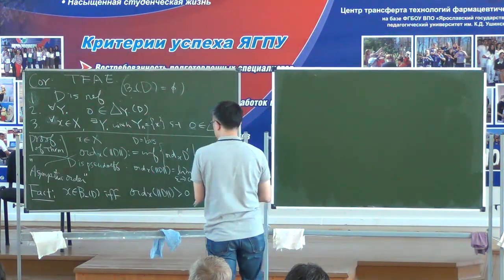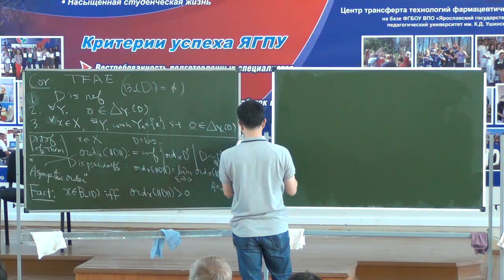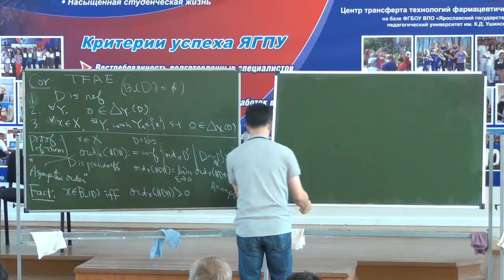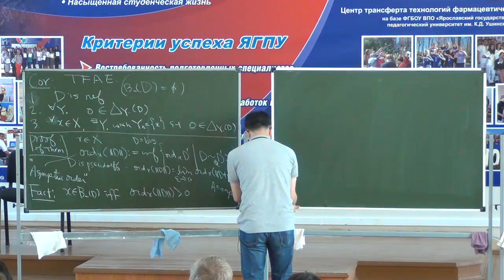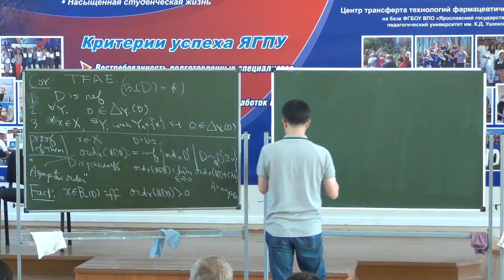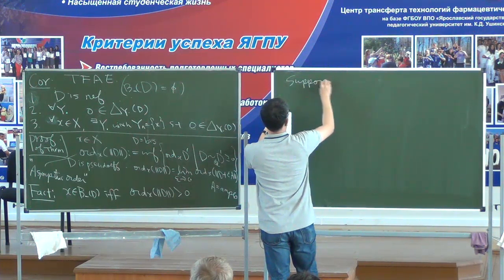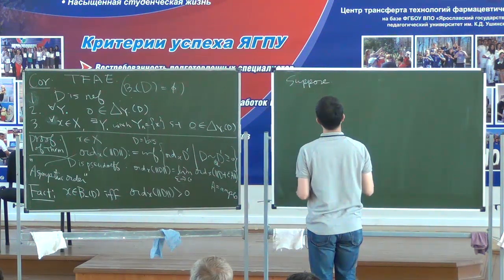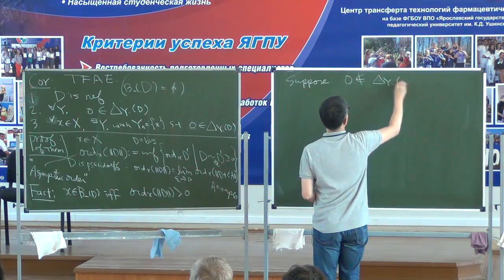So using this fact, it's easy to prove. The main idea is this: suppose the origin is not contained in some Okounkov body.